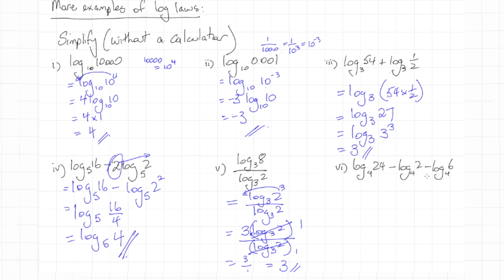subtracting. So we're subtracting logs, we are dividing the numbers, but which ones do we do first? Well, we go to our BIDMAS. There's no brackets, there's no indexes, there's no division, no multiplication.